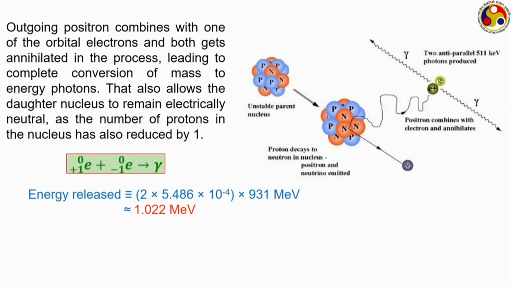Now, as mass is getting converted to energy, of course, that is associated with a large amount of energy release, and we know that the electron and positron have the same mass. So, if we use E equal to mc square, this reaction corresponds to an energy release of 1.022 MeV.